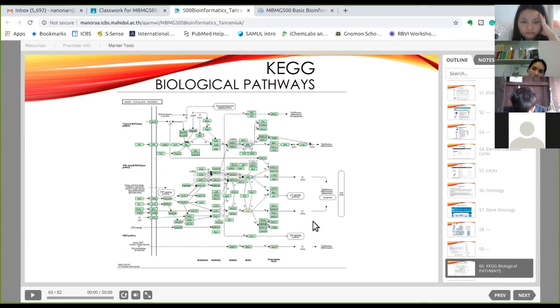So if you know the PDB code, you can convert PDB code to KEGG. Or if you know the EC number, the enzyme commission number of the protein, you can convert enzyme to KEGG. And once you convert to KEGG ID, so it has a series of KEGG ID numbers, you can highlight the nodes inside the pathways.